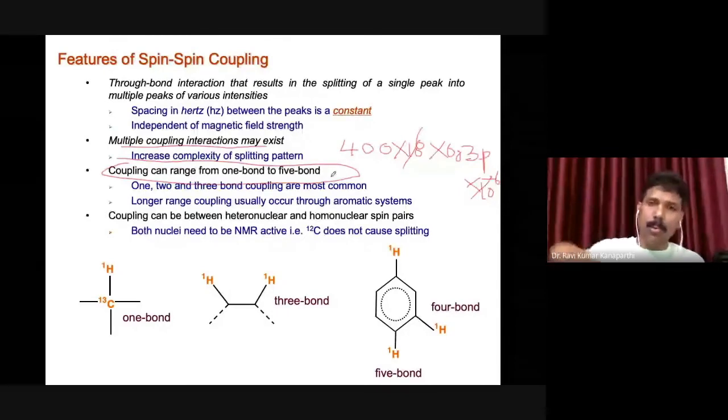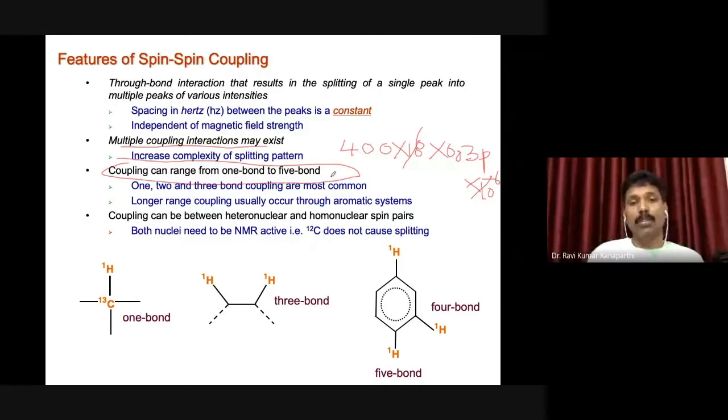Since it is through bonds, as the number of bonds between the two nuclei increases, they definitely don't interact effectively. Therefore, in most cases, coupling across one bond, two bonds, three bonds is very common. Beyond that, sometimes it happens, but beyond 5 bonds, very rarely.